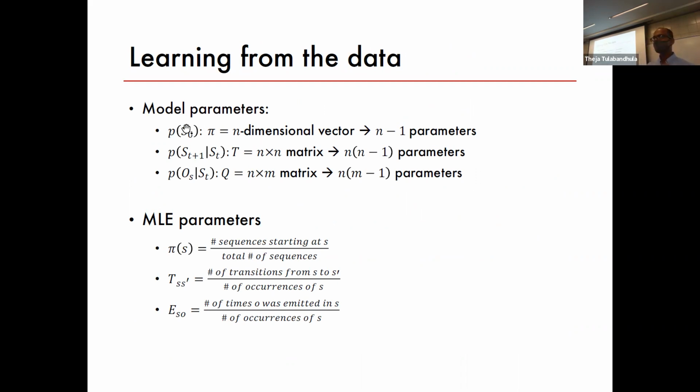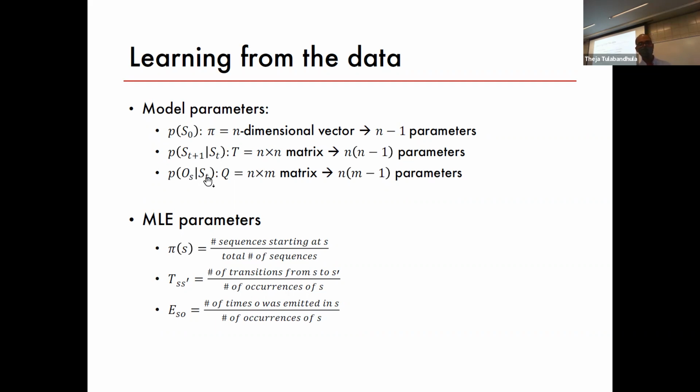Remember, we need to have a distribution over the initial state, or at least the starting point of this hidden Markov process. Since the number of state values is n, it will be n minus 1 parameters, because if you know n minus 1, they have to sum to 1, so the last one can be inferred. Transition probability is an n cross n matrix, but each row sums to 1, so that's n times n minus 1 parameters.